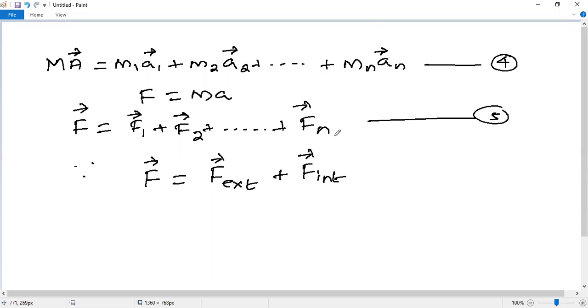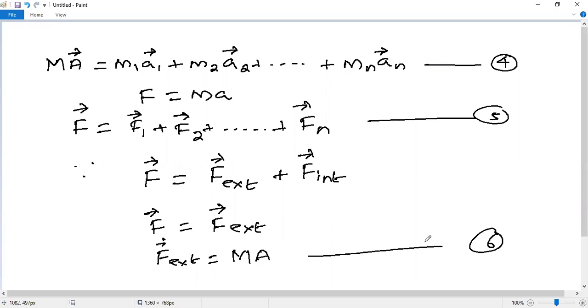Only the external force is applicable. The system is acted on only by the external force, so F external equal to mass into acceleration. This is equation number 6.